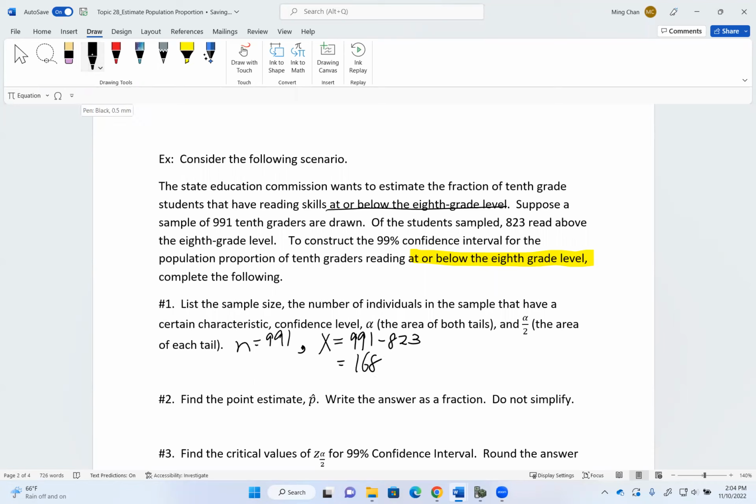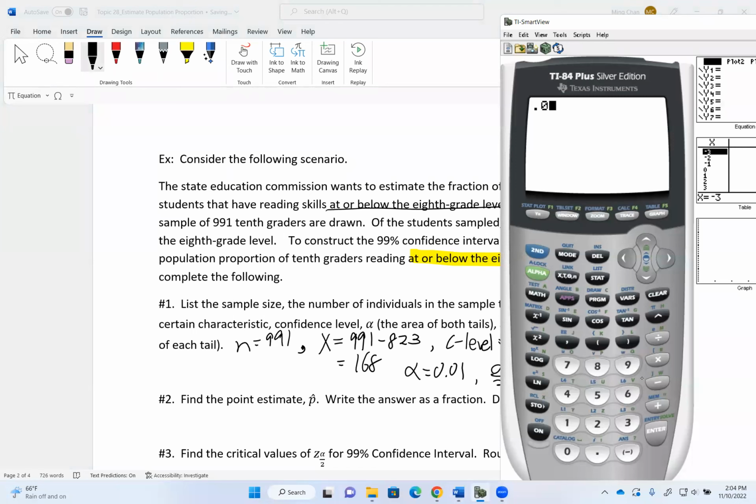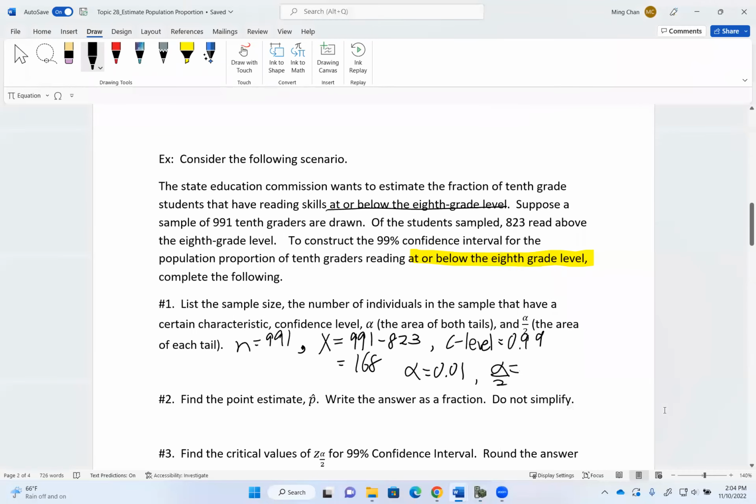All right, confidence level, your C level is going to be 0.99, alpha 0.01, right? 1 minus 0.99. So alpha over 2, the area of each tail, is going to be 0.01 divided by 2, which is 0.005.